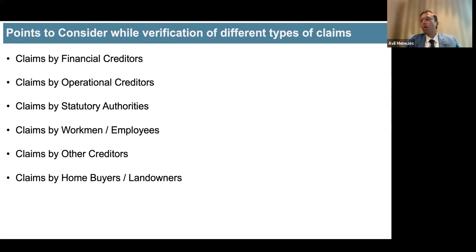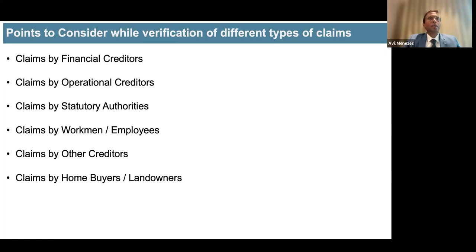Other debts and dues is what we generally categorize as Form H. Claims by operational creditors: interest is the only thing which needs to be seen as far as operational creditors are concerned. Interest as a principle, what we generally do is, unless it is there in the contractual documents, we do not accept interest.